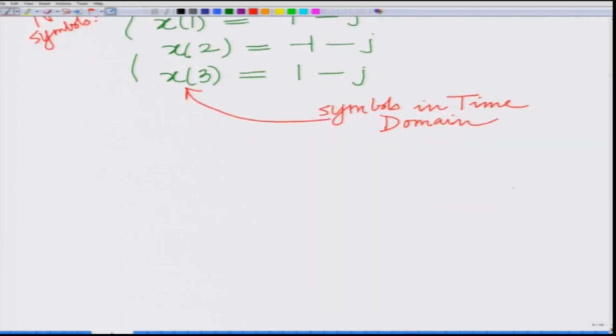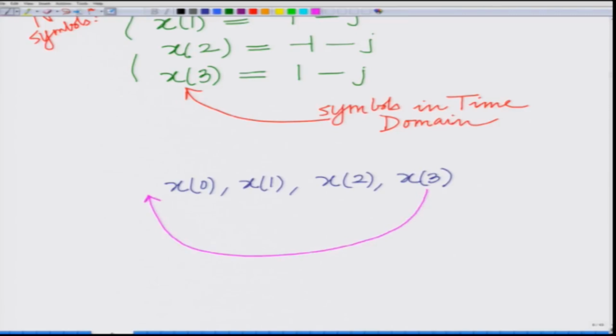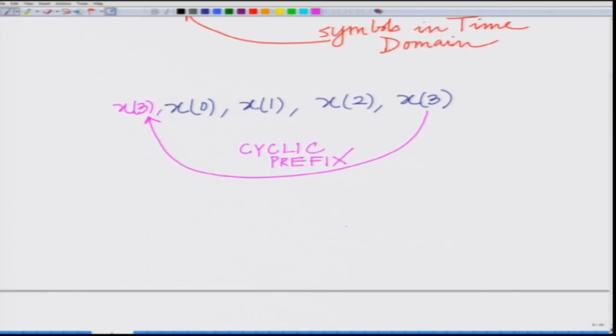In FDE we directly transmit the symbols in the time domain, and therefore what we have is x0, x1, x2, x3, and to this we add the cyclic prefix. Realize here the cyclic prefix is directly added to the symbols, there are no samples. So, you take the block of symbols and add the cyclic prefix.